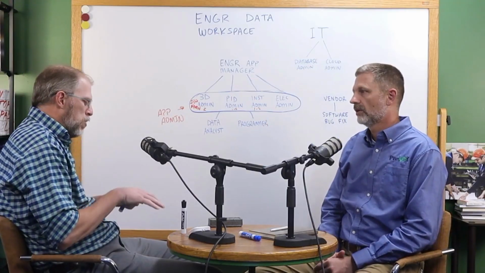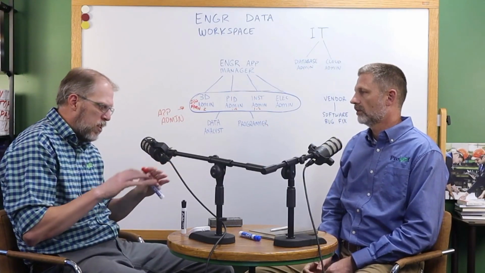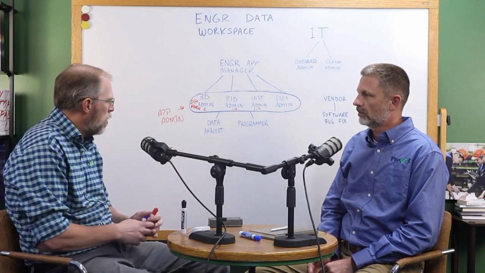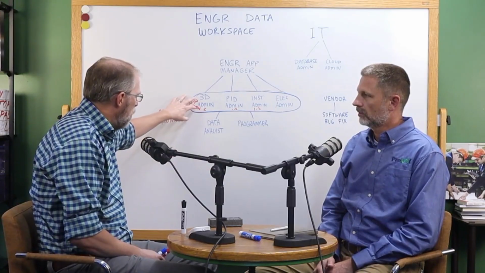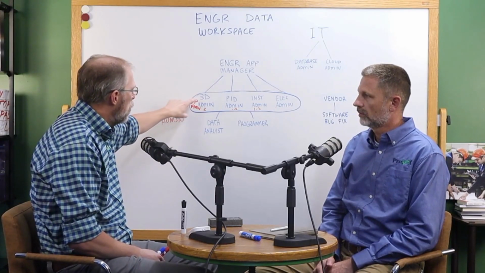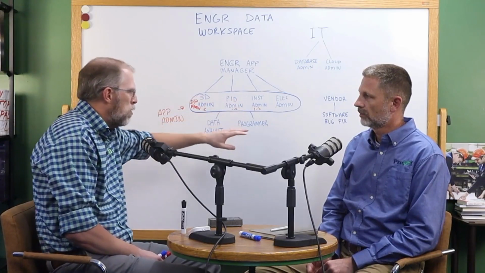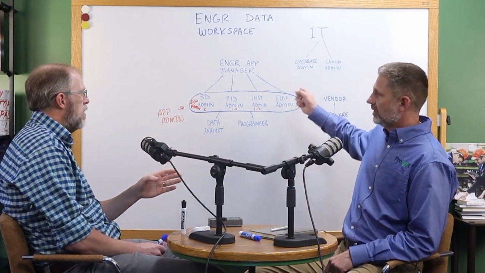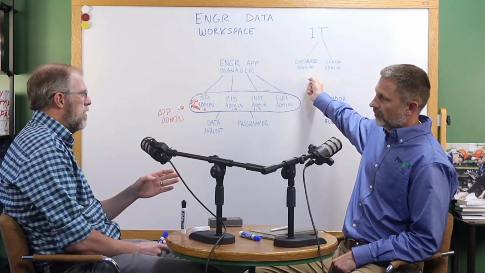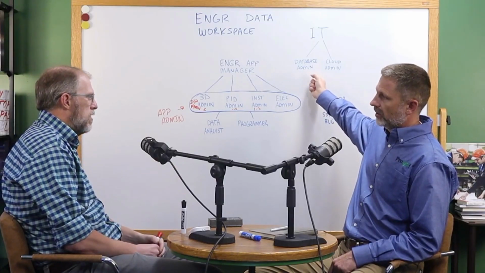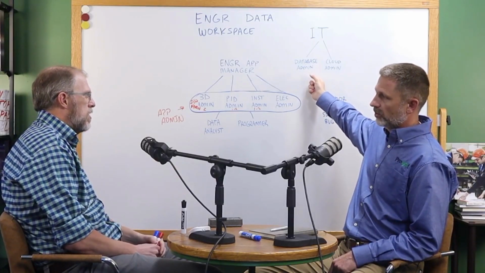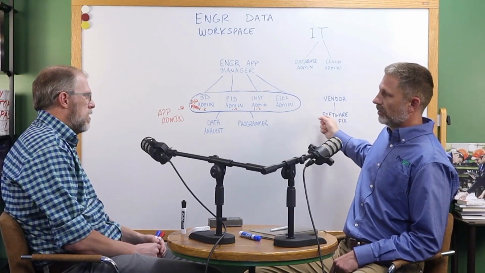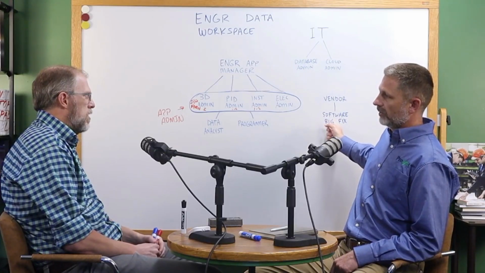Yeah. So if the user's got a problem and submits a ticket, as all ticketing systems do, you would want that going to the admin level of your support structure first. And then this person would determine what type of problem it is. Is it an IT problem with a user account, with a cloud machine, with a user profile? Is it a software bug that I need to take to the software vendor?